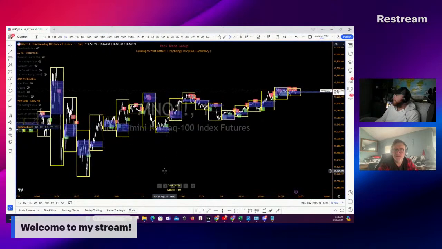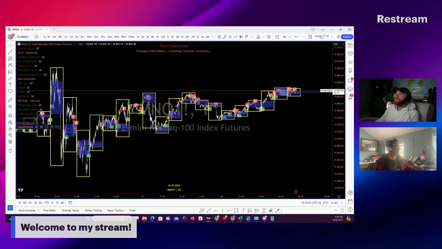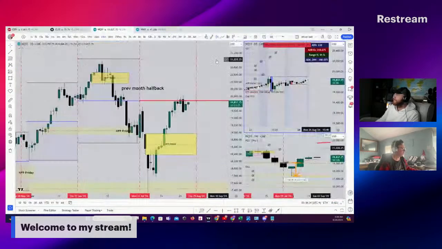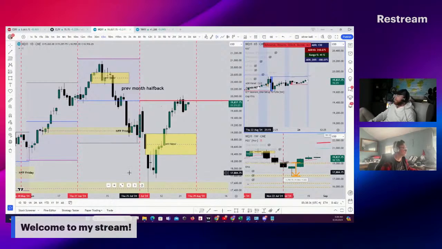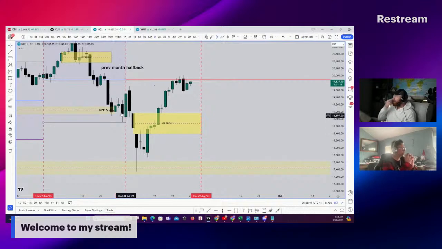All right. So now moving on, let's start our process. Let me go to my higher time frame chart. Like I said last week, when we get the first rejection, then the second, third, fourth, fifth rejection at the previous month halfback, 50% or CE, whichever religion you follow, you call it a different thing.